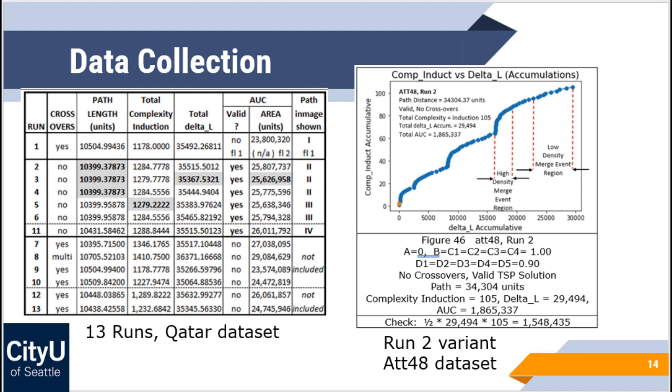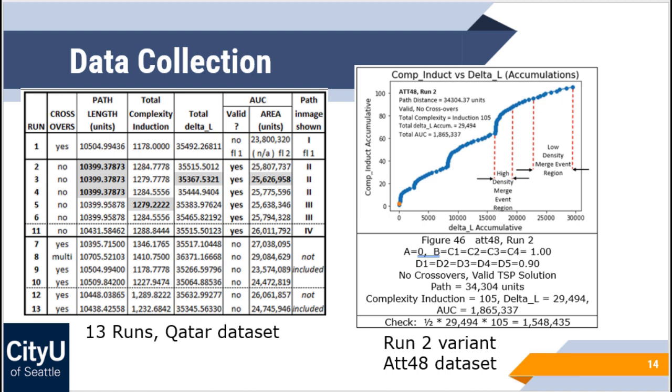The plot on the right is complexity induction accumulation on the y-axis and delta L cumulative on the x-axis. This is for dataset ATT48, which is really the 48 United States cities. Run 2, where D values are 0.9.